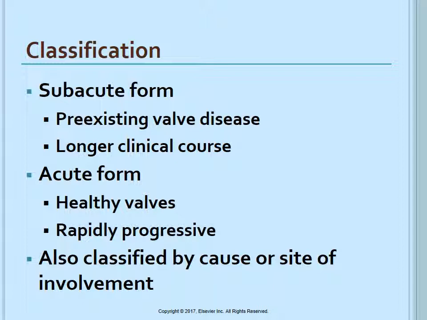The subacute form affects those with pre-existing valve disease and has a clinical course that may extend over months. In contrast, the acute form affects those with healthy valves and manifests as a rapidly progressive illness.